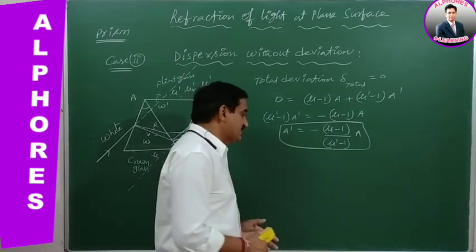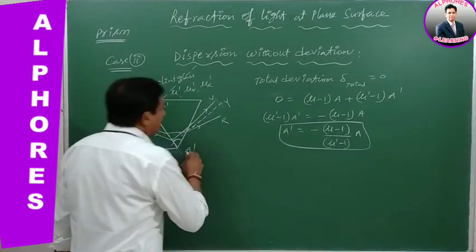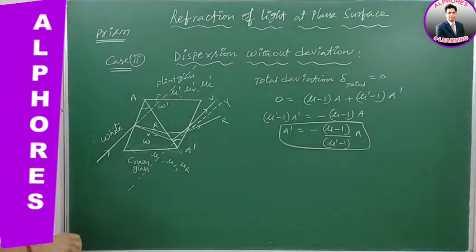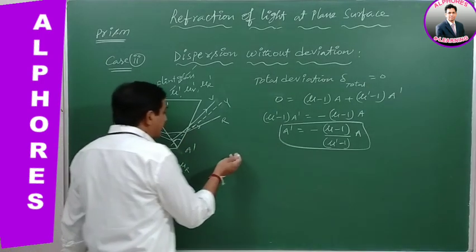So A dash is calculated. The nullified quantity is actually the total deviation. By that we get this relation, and after that we go for total dispersion.